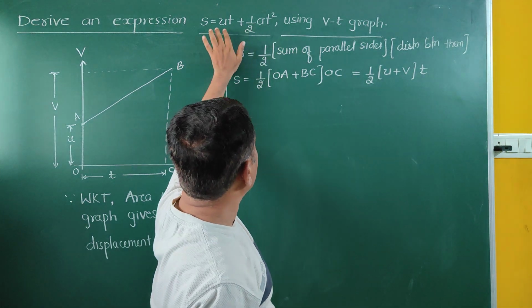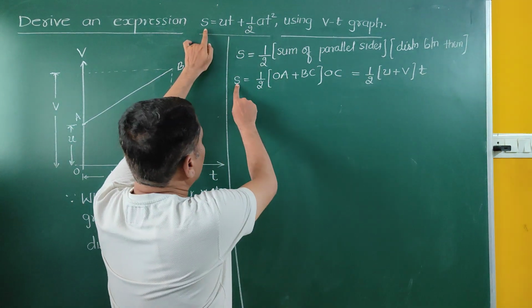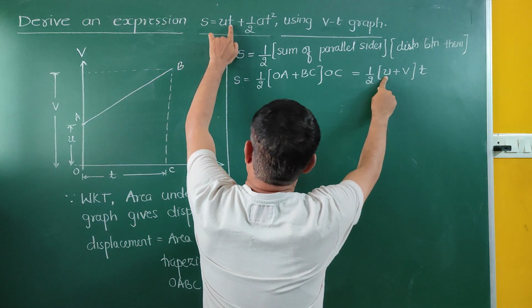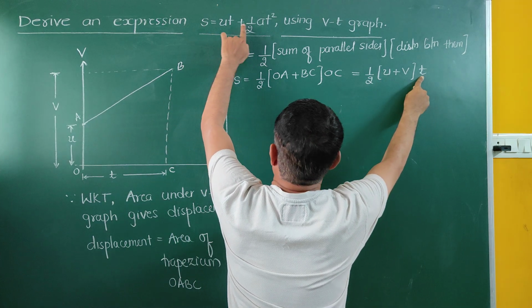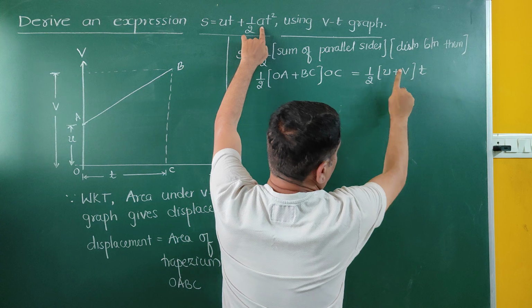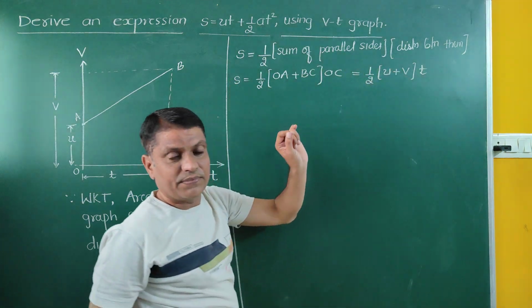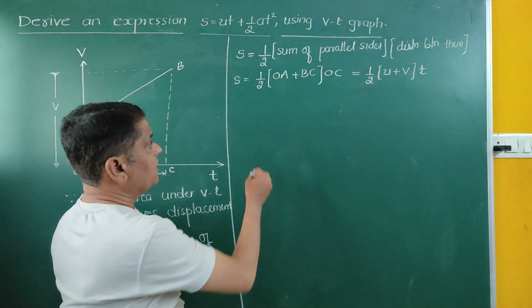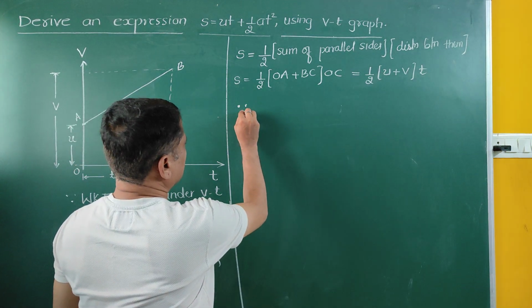If I look at my derivation, in this derivation I want S, yes, I have to keep. I want U, I have to keep. I want T. Next I want A, but I don't want V. So we have to remove V from this expression.